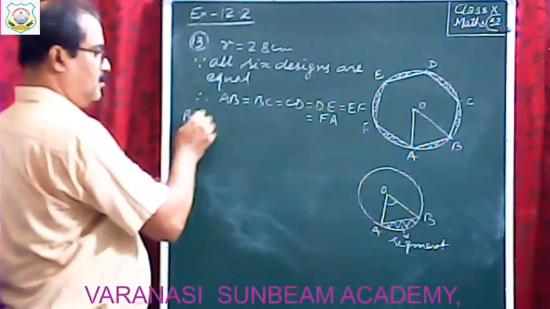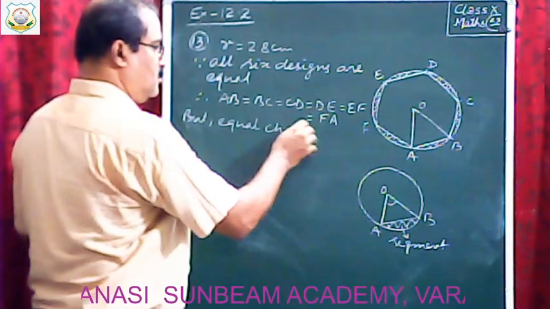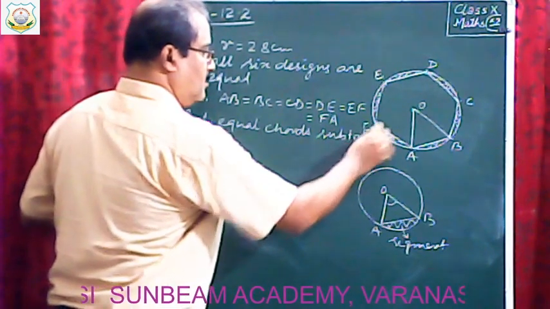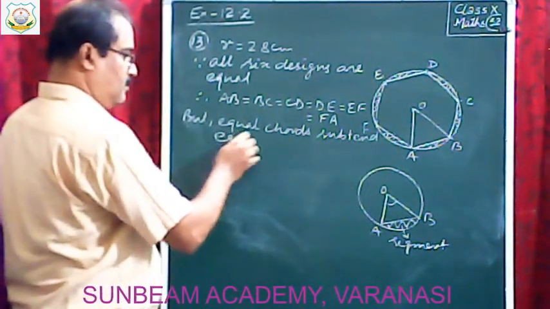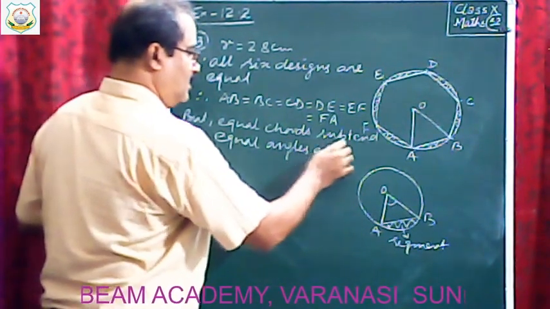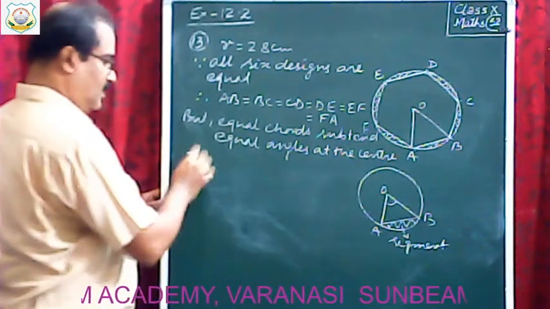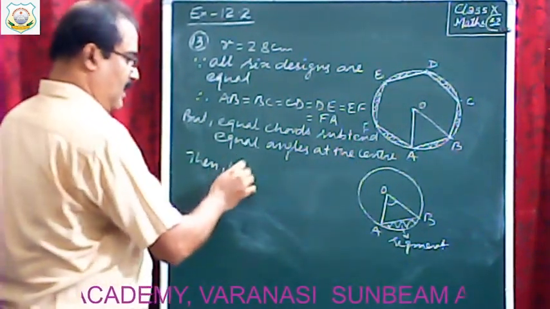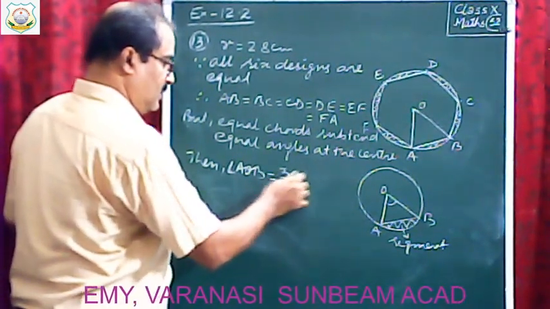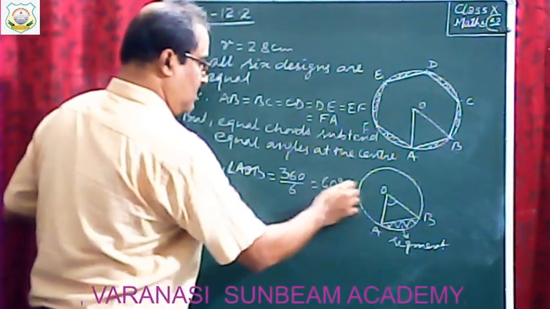But equal chords subtend equal angles at the center. So then angle AOB equals 360 upon 6 equals 60 degree, that is equal to theta.